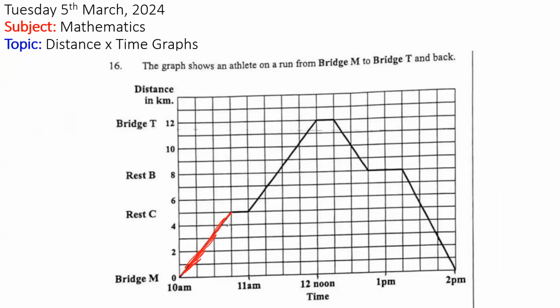If the line is slanting and ascending, is the object moving forward, is it at rest, or is it moving backwards? What happened to the object if we have a slanted ascending line? It's moving forward. Very good. The object is moving forward. That's the first thing.